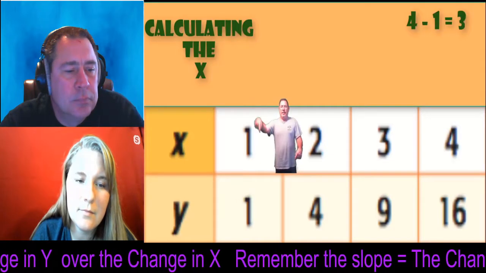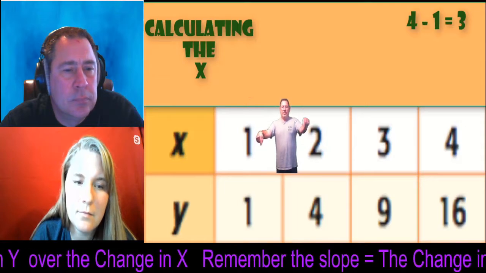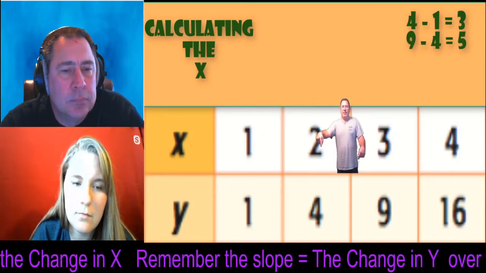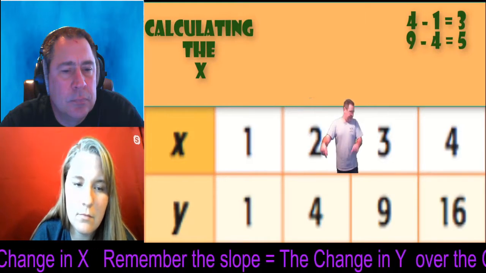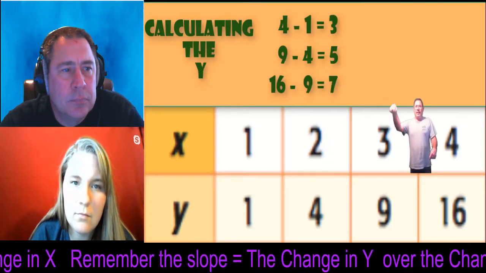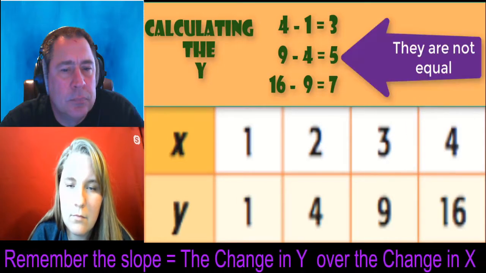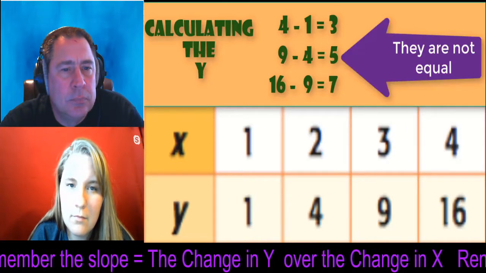Now we take a look at the y. 4 minus 1 is 3. And then 9 minus 4 is 5. And then 16 minus 9 is 7. So they are not equal.